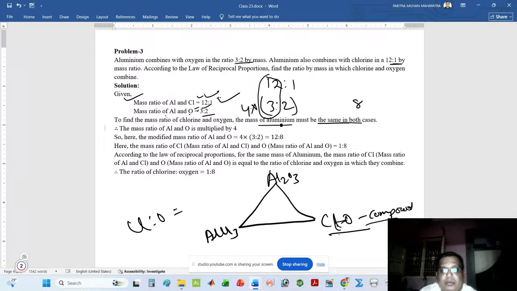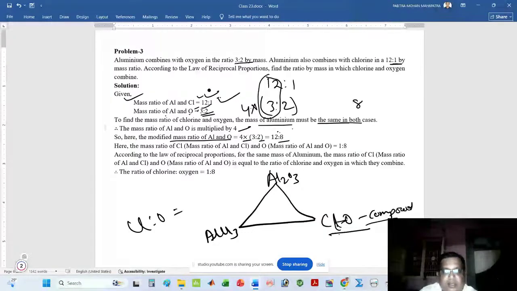That means if I multiply it by 4, then here I can write the modified mass ratio of aluminum and oxygen. That means this ratio is now changed. So here I can multiply 3 is to 2 by 4. Here I can write 12 is to 8. Look at that.